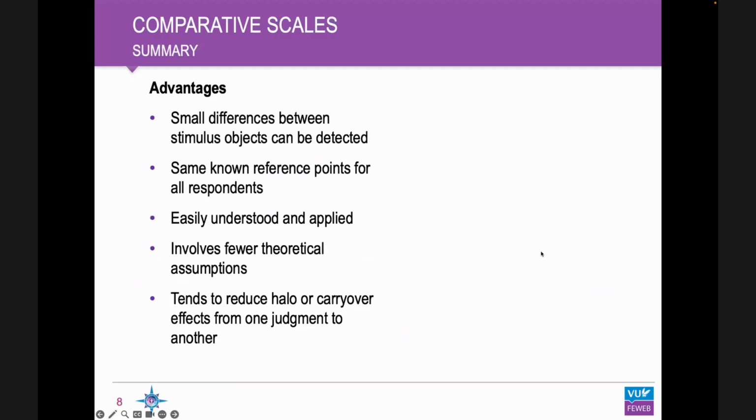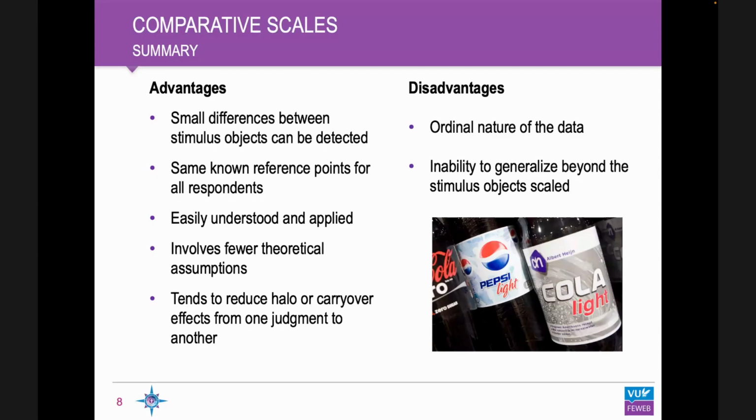So with this summary of comparative scales, you can see here advantages and disadvantages. You can read this on your own. I will just say that the major disadvantage of the comparative scaling is generally the ordinal nature of the data and the inability to generalize beyond the stimulus objects that are provided in the scales.